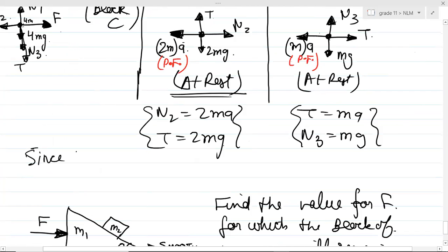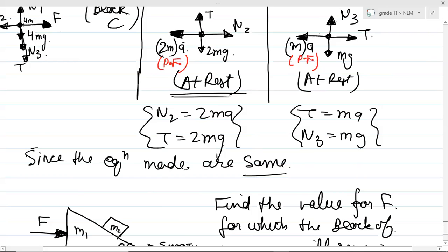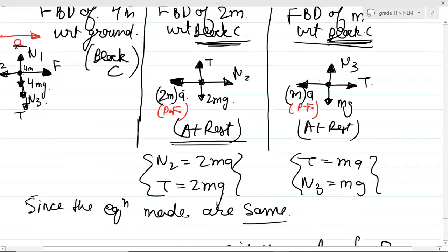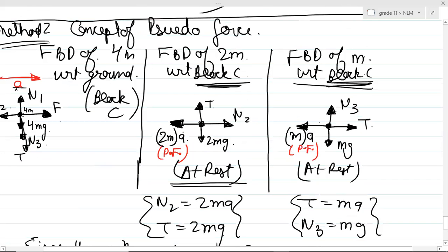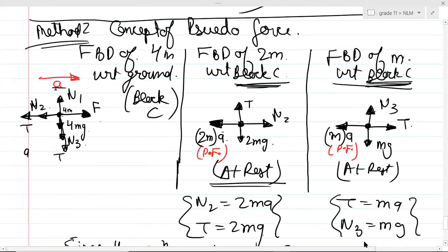Since the equations are the same, on solving you'll get the same result. Hence these two methods are correct. You can use either the concept of pseudo force or the ground frame, whichever you are comfortable with. Is this clear, guys? Please write it and then we'll start with the next question.